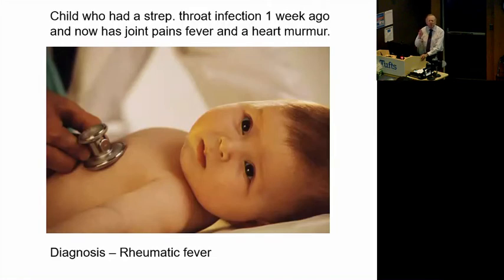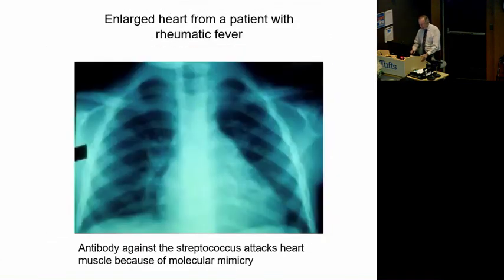You listen, you hear the heart is defective, the valves are defective, and the heart gets bigger and bigger and bigger. Here's an x-ray. Just look at the size of this heart in this poor kid with rheumatic fever. You know, he's going to have to undergo surgery to fix up the valves and so on. So again, the antibody against the streptococcus attacks heart muscle.